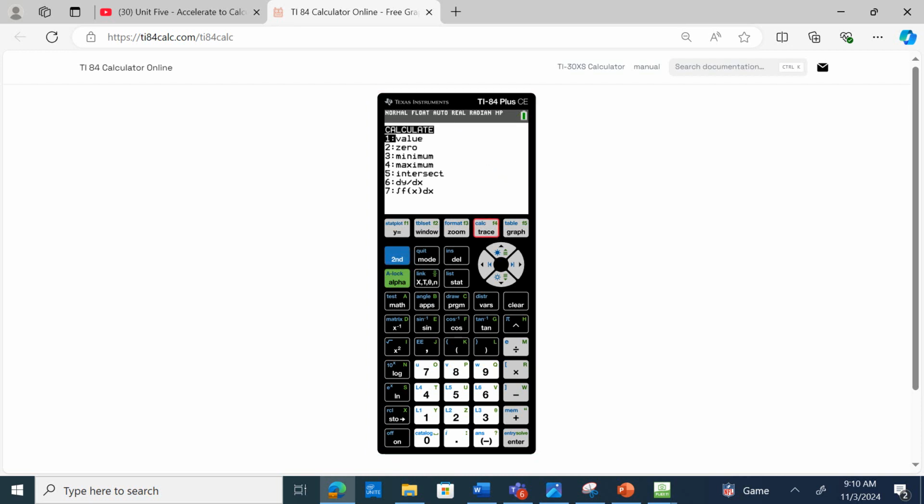Second, trace. I'm going to go down to 0, and go anywhere to the left, pressing enter on your calculator, and then anywhere to the right, pressing enter, and then back to that point and enter. Okay, so we have a domain that goes from 0 to 66.6 repeating.